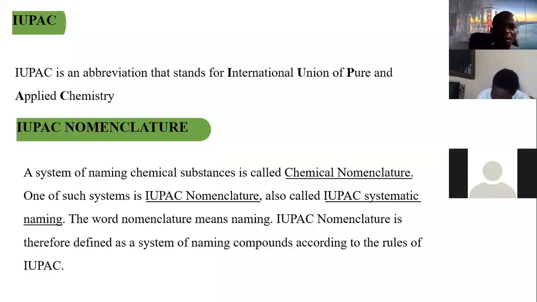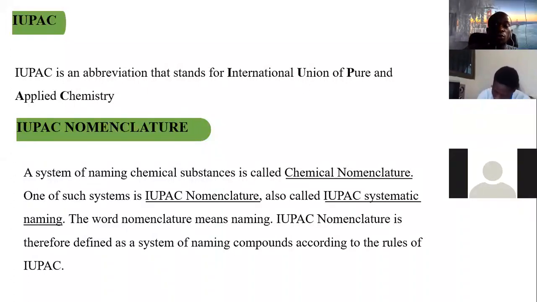Now, a system of naming chemical substances is called chemical nomenclature. It's chemical naming. One of such systems is the IUPAC nomenclature. IUPAC nomenclature is just one of those systems used in naming. In fact, it is the most common one. It is what we actually study in secondary school.